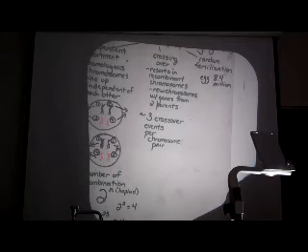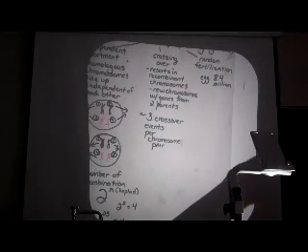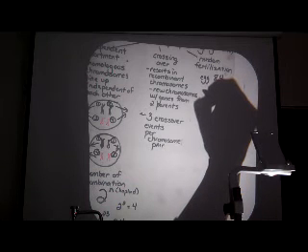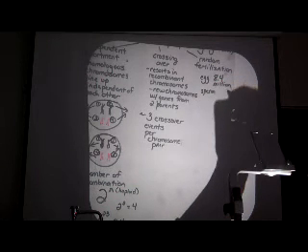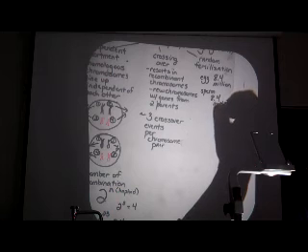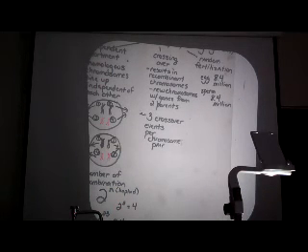And that's just independent assortment. That's not even taking into consideration crossing over. I won't even go there with the math. That's too complicated. In order to make a sperm cell, there are 8.4 million different combinations that can result per individual for making a sperm.